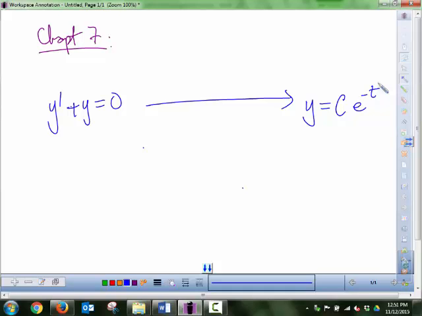So this is what we've been doing here. What we've been doing is this blue arrow, doing, I don't know, separable, first order linear, and then we went to second order.